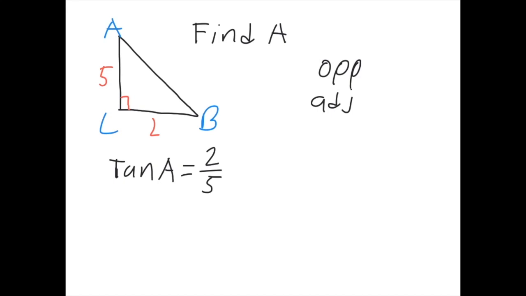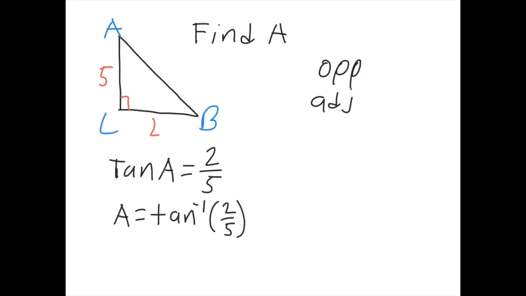So we have an equation here, and just like any equation, we have to do the opposite to both sides. So we have a tangent here. So what we have to do is do the opposite of tangent to both sides, what's known as the inverse tangent, which I just mentioned before. So A is going to equal the inverse tangent of 2 over 5.